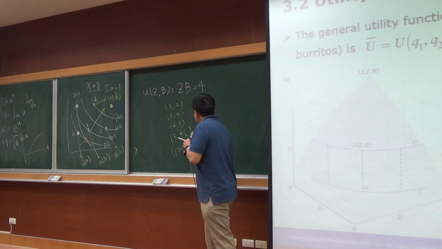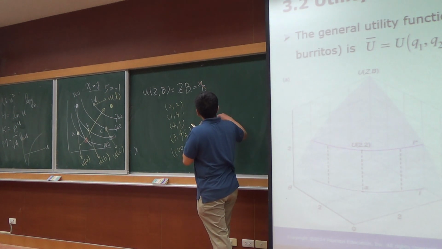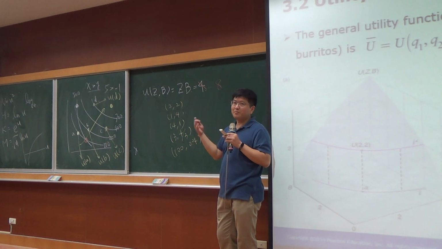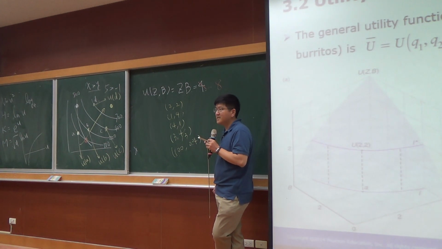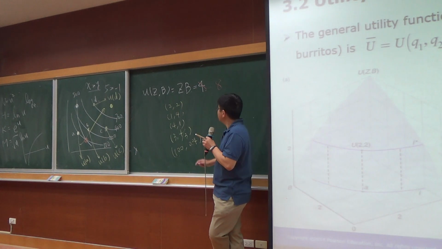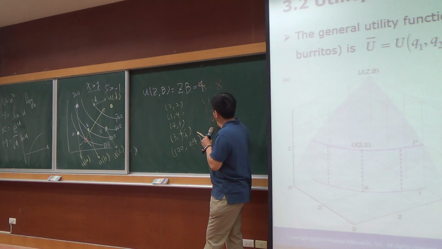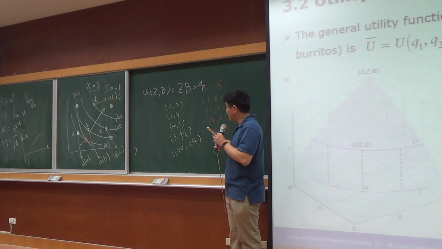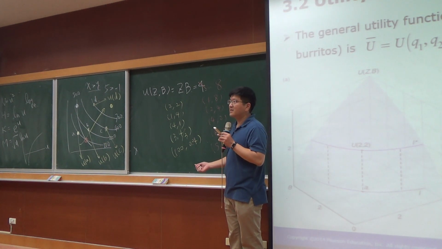Okay. What about if we make it like 8? Can you figure out some points satisfying the level of 8? 1, 8, 2, 4, 4, 2, 8, 1. At least you may have 4 points here, right? And further, you may have something like 5, 8 over 5, something like this.